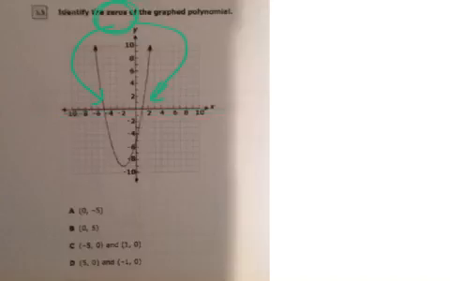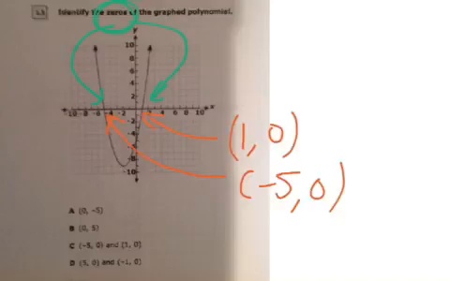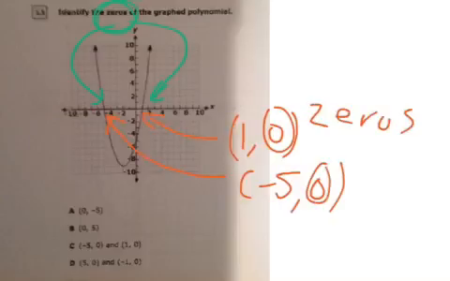And putting it another way, guys, let me clean this up a little bit. Does everybody agree the graph crosses right there at 1, 0, positive 1, 0, does it not? And doesn't it also cross over here at negative 5, 0? Guys, because the points give us 0 for y, hence the name zeros. Another good name, by the way, is x-intercept.